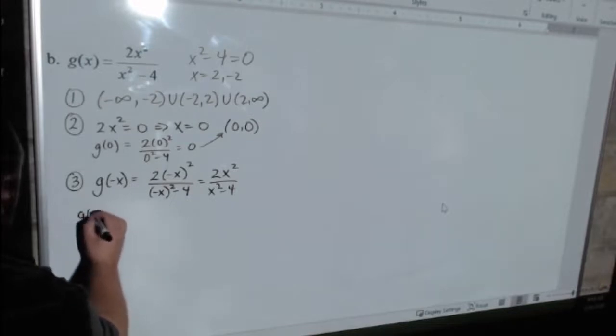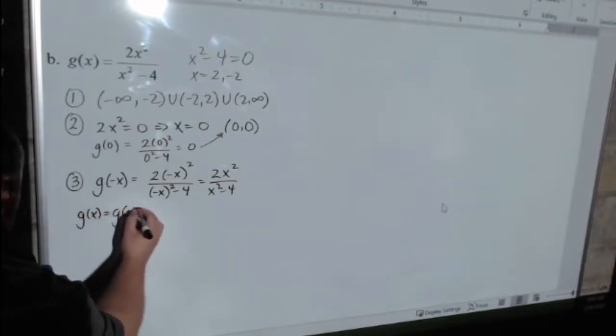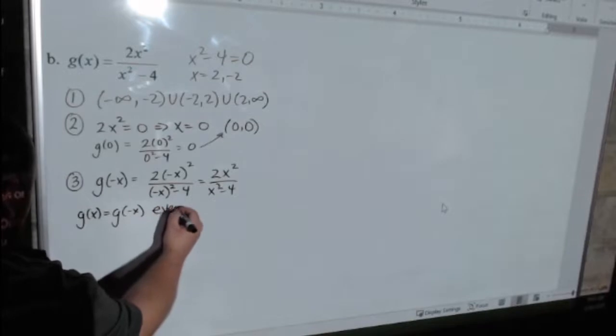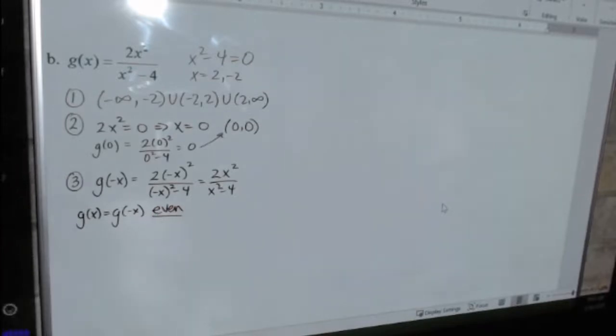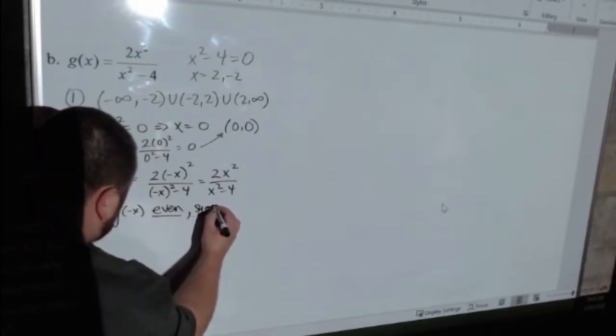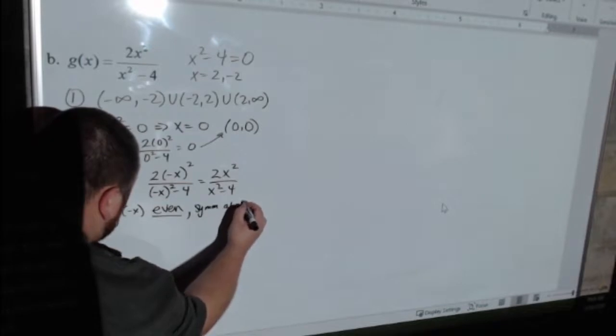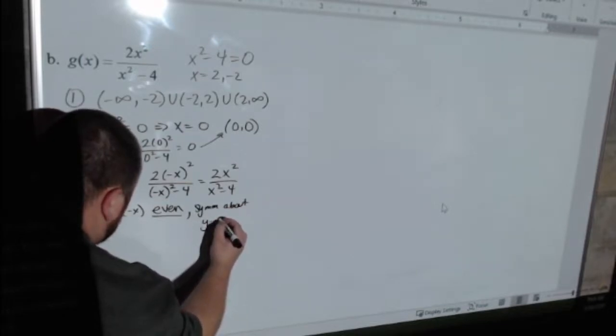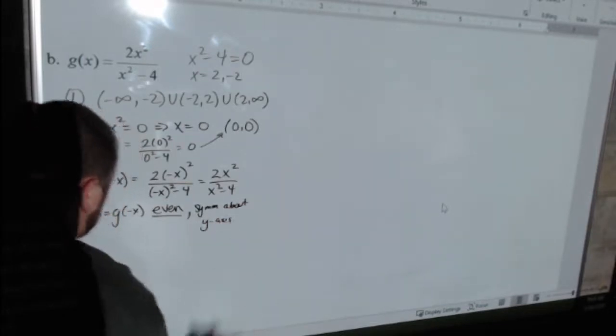So if g is equal to g of negative x, that's even symmetry, which is symmetric about the y-axis.